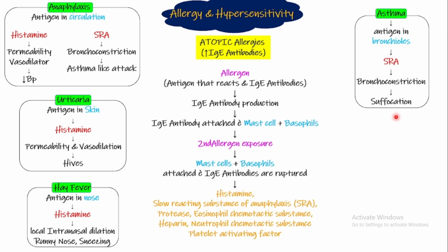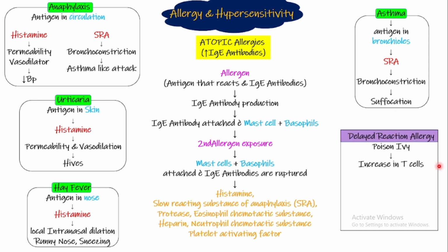So let's discuss one very important non-atopic allergy, which is delayed reaction allergy. So in the delayed reaction allergy, basically because of poison ivy. Now, poison ivy, as you know, is a plant which when it touches the skin can result in increase in the T cells in the skin.